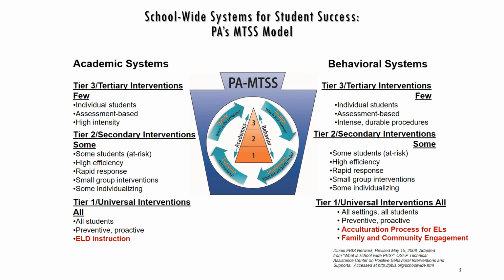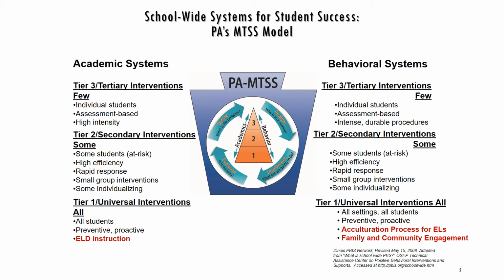We need to start from the very beginning, as we always say. So with that, we need to understand that in Pennsylvania, we are really using the multi-tier system of supports model to provide a safety net to all students to be able to achieve the standards that are required for our students to achieve.